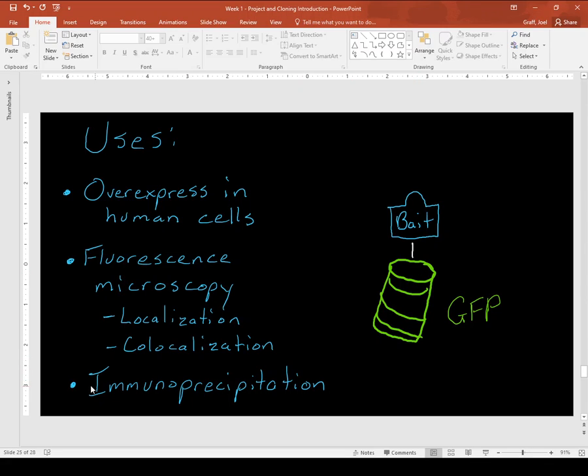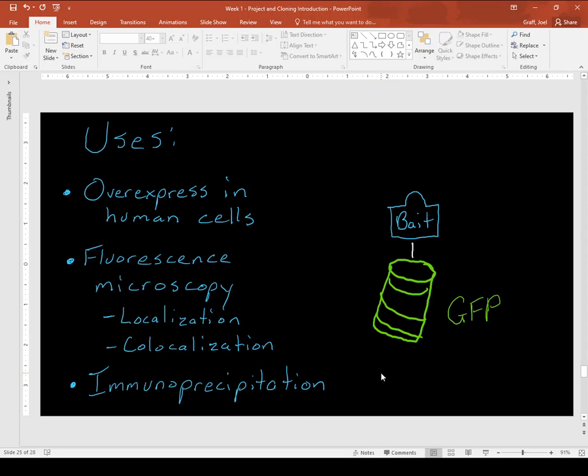And then of course we could do immunoprecipitation. So just like we were able to do an immunoprecipitation if there was a MYC tag or an HA tag stuck to our bait protein, we could use an antibody that sticks to GFP and would pull the bait out of solution.